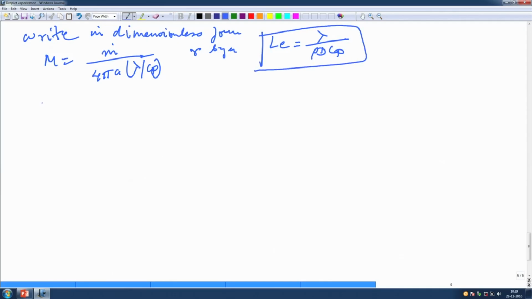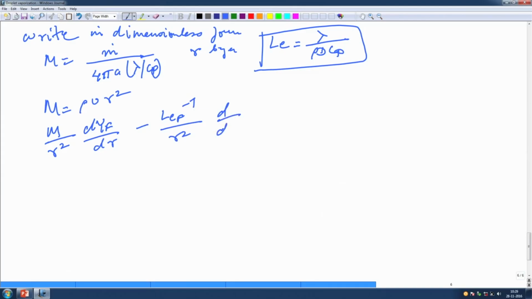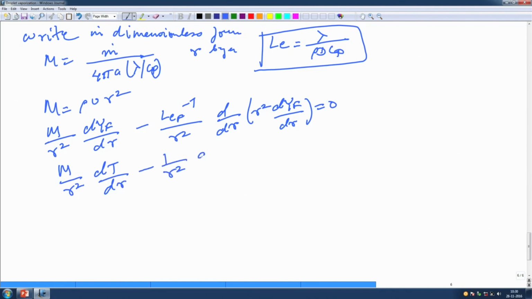So, if you do all these transformations, we can write the non-dimensional equations as rho v r square, m by r square dYf by dr, minus (Lef minus 1) r square dYf by dr is equal to 0, m by r square dT by dr as 1 by r square.